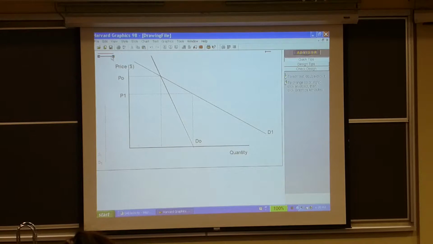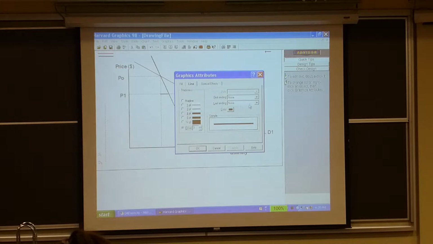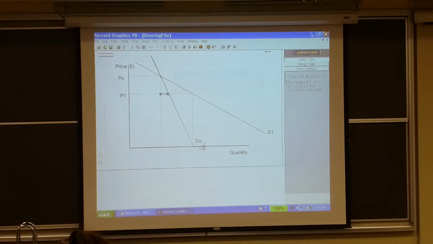In the first case, you see that it increases like this. Now, it turns out my price change is the same in both instances. In the second one, it increases like this. So we say D1 in this instance is more elastic than D0 because the quantity demanded has a greater response to the change in price. That's all that is.